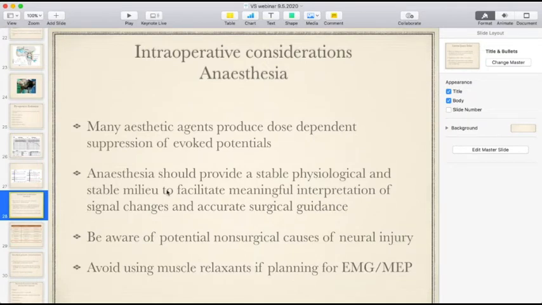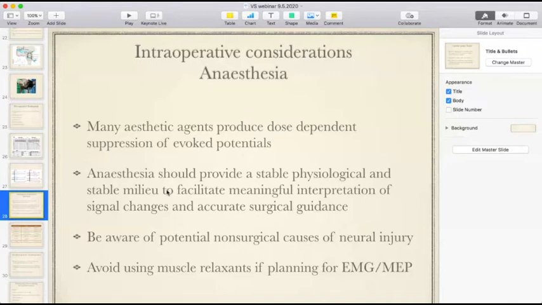Anesthesia should provide a stable physiological milieu so that we can facilitate meaningful interpretation of the signal changes that can guide accurate surgical strategy. If the anesthesia does not help us interpret the responses we get during surgery, then the very purpose of having neurophysiological monitoring is defeated.